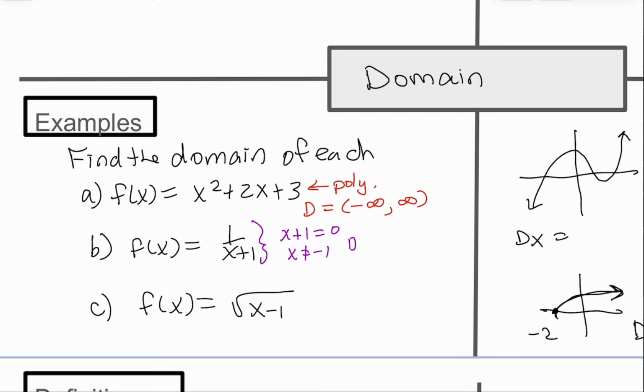So the domain for this one means I have a piece on the left side of -1. I have a piece on the right side of -1. But you'll notice that I have parentheses on the -1 because I have skipped it.